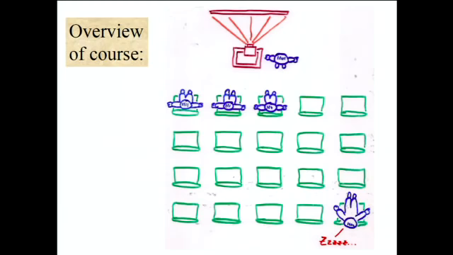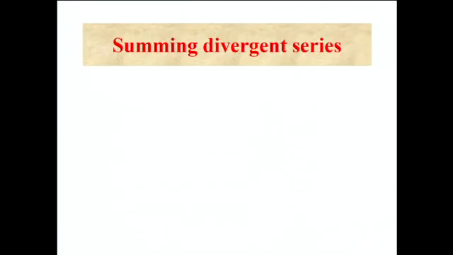But the question is, how do you sum a series if it doesn't converge? Now, that's the really interesting question. So how do you sum a divergent series? And is that a meaningful thing to do?